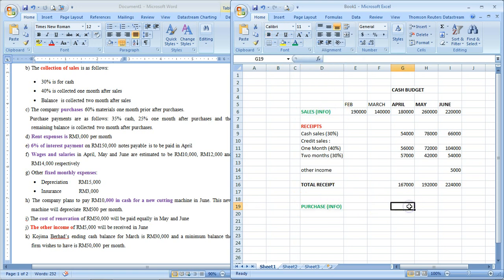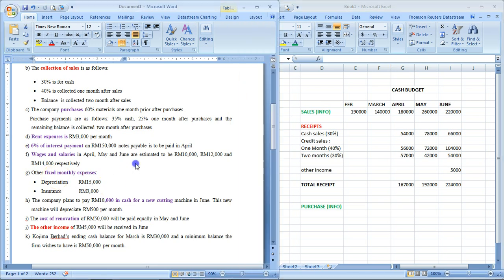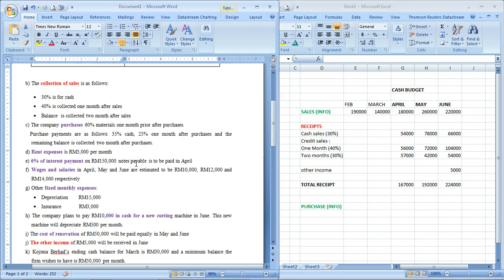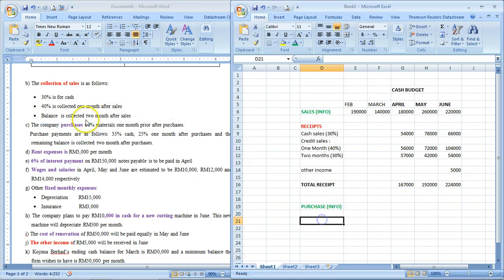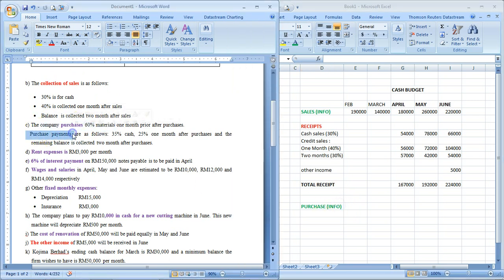So what is the formula? What is the amount of purchase? Read. Remember, in the purchase you have to give 2 pieces of information. One is to find the information, another is when is the payment. 2 different things. One is to find the amount of purchase, the info. Another one is the payment part. You have 2 here. First, you want to find the information.